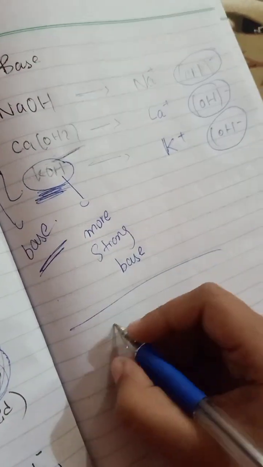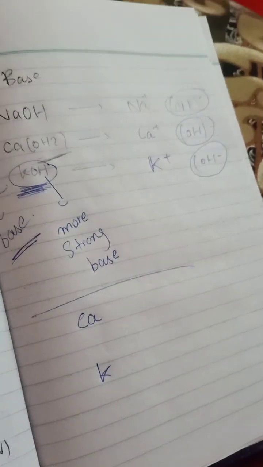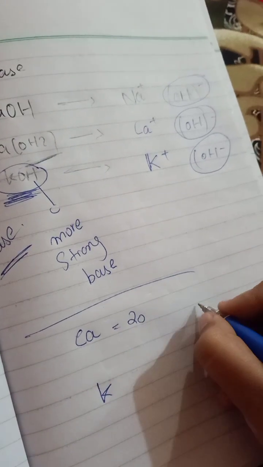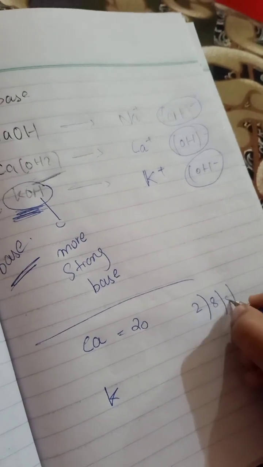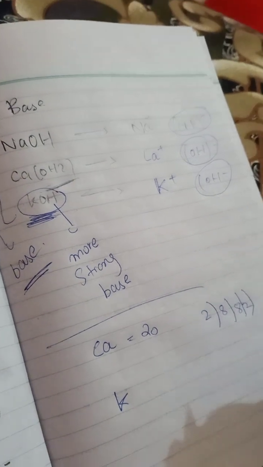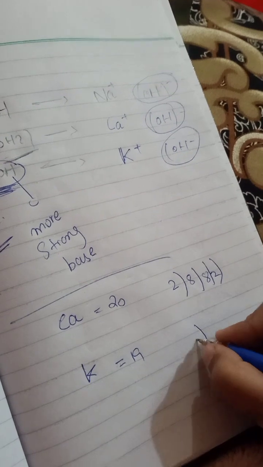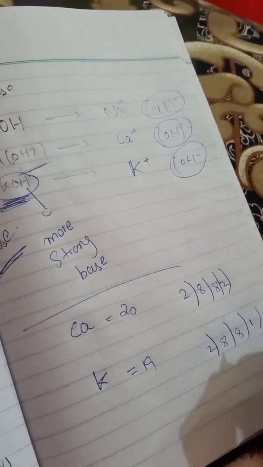First of all, let me tell you, if we are comparing calcium and potassium. Calcium has atomic number 20, so in the first shell there are 2 electrons, in the second shell 8, in the third shell 8, and 2. Potassium has 19 electrons, which means 2, 8, 8 and 1.